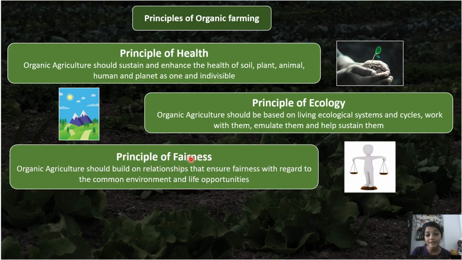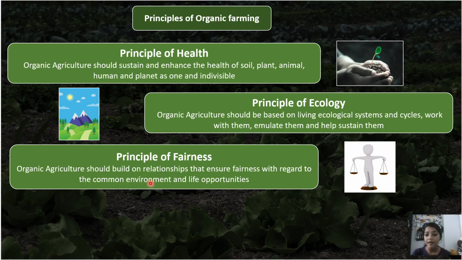The third principle is about fairness, right? This principle says that organic agriculture should build on relationships that ensure fairness with regard to the common environment and life opportunities. So this principle says that everyone has the fair right to live in the common environment, right?